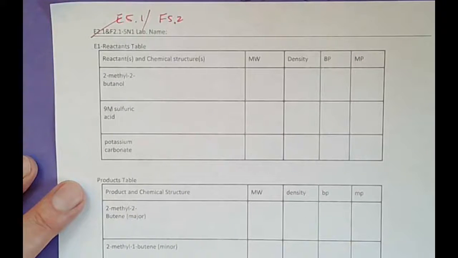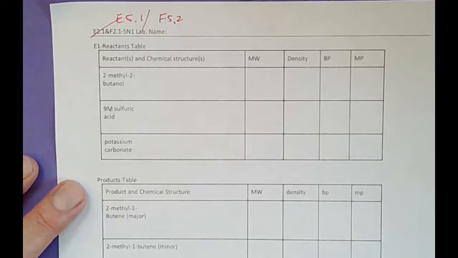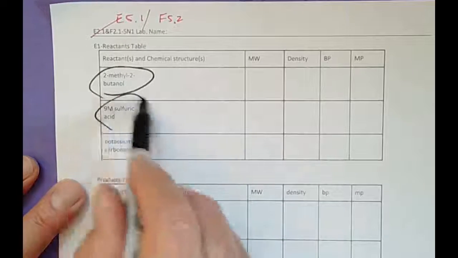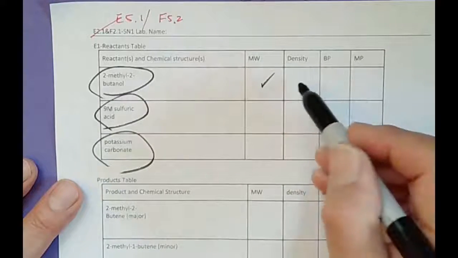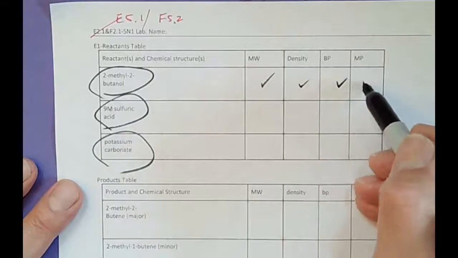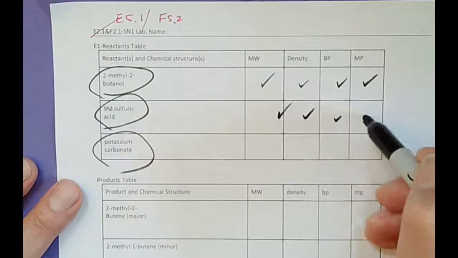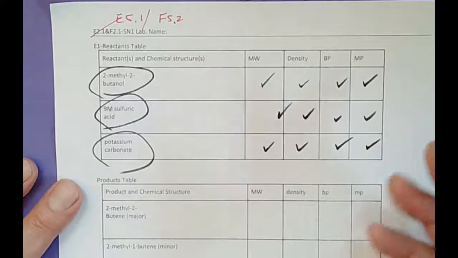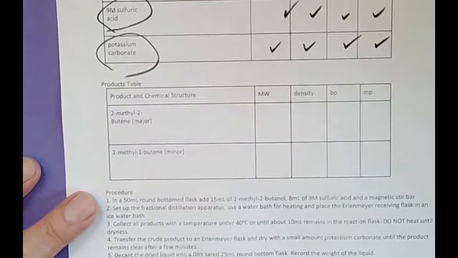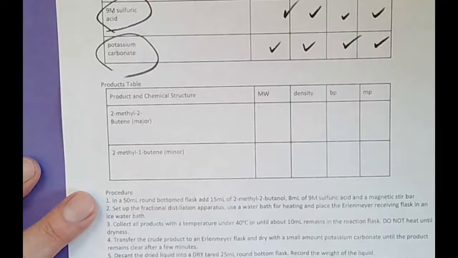Before coming to the lab, look at the reagents that we use and find from different sources the density, molecular weight, boiling point, and melting point. Please fill out this table. Very easy lab report.